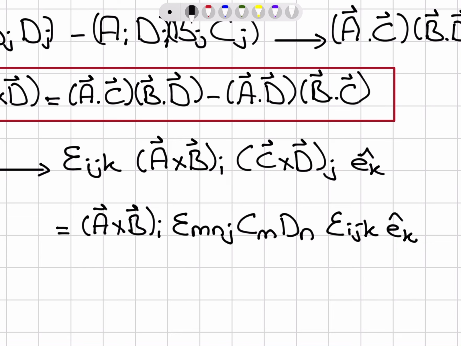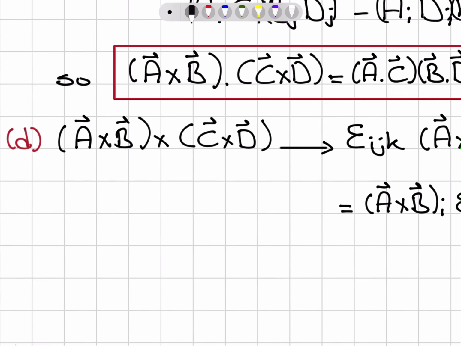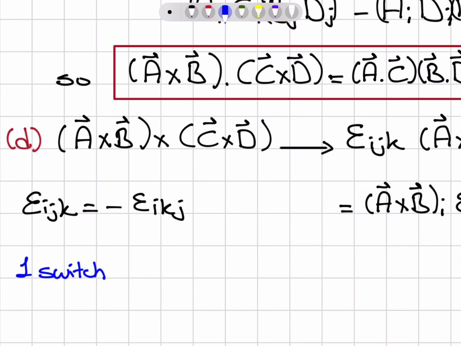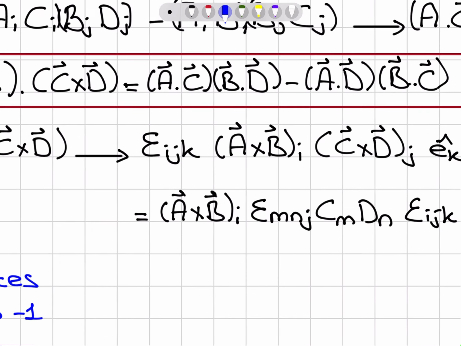And now I'm going to replace ijk with ikj. So let's see, epsilon ijk is equal to minus epsilon ikj, because I have one switch of consecutive indices. Then there's an odd number of switches, which is giving me a factor of minus 1 I have to include.